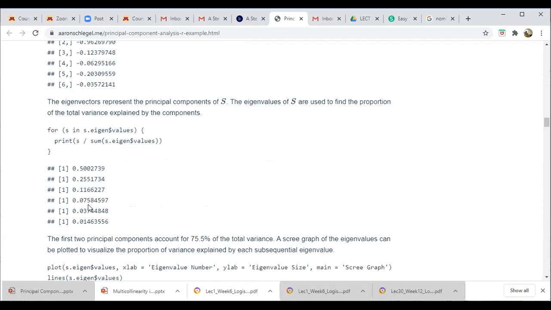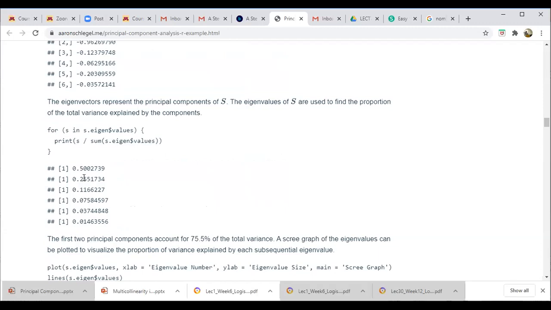Look at the formula right here. Can you see now? X divided by the sum of that. Can you see that? So a particular eigenvalue is divided by the sum of the eigenvalues. And when you take a look at what I have here, the first principal component explains about 50%.